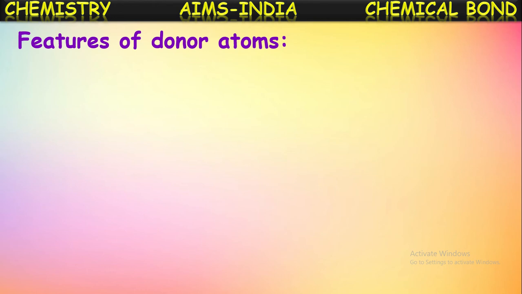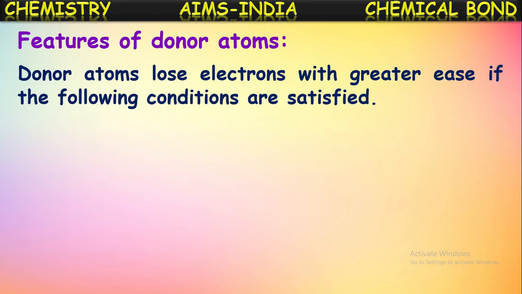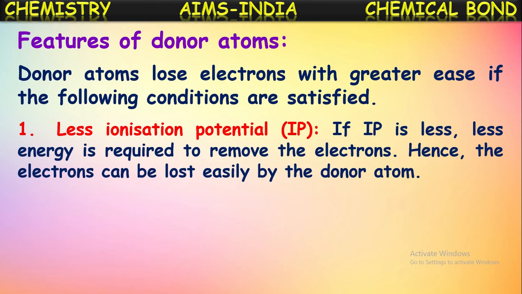First, let us see the features of donor atoms, that means the atoms which are giving electrons. Donor atoms lose electrons with greater ease if the following conditions are satisfied. One among them is less ionization energy or less ionization potential. If ionization potential is less for an atom, then less energy is required to remove the electron.